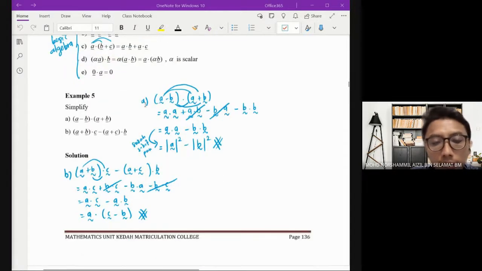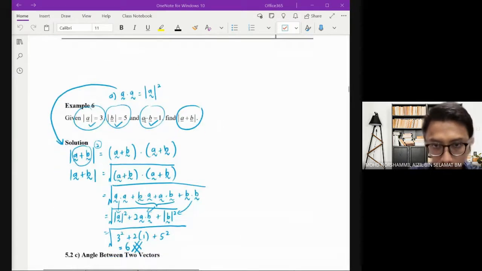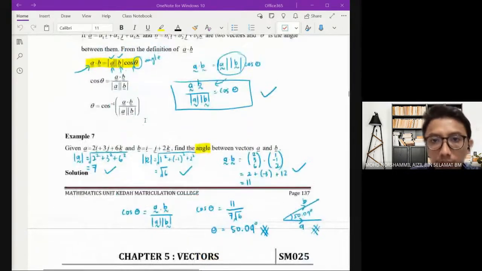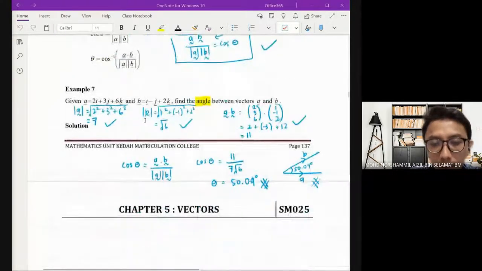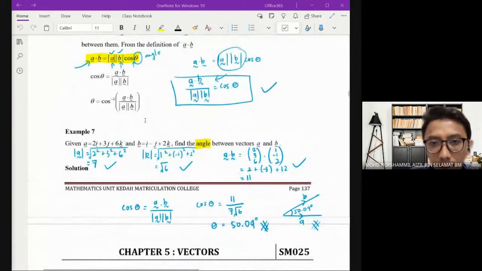Boleh main expand macam biasa je. Tak ada masalah. Alright. And then yes, of course lah ni cari angle. If given vector A and B, and then we want to find angle, therefore we need to use the formula lah. Cos theta equals to A dot B divided by magnitude A, magnitude B.